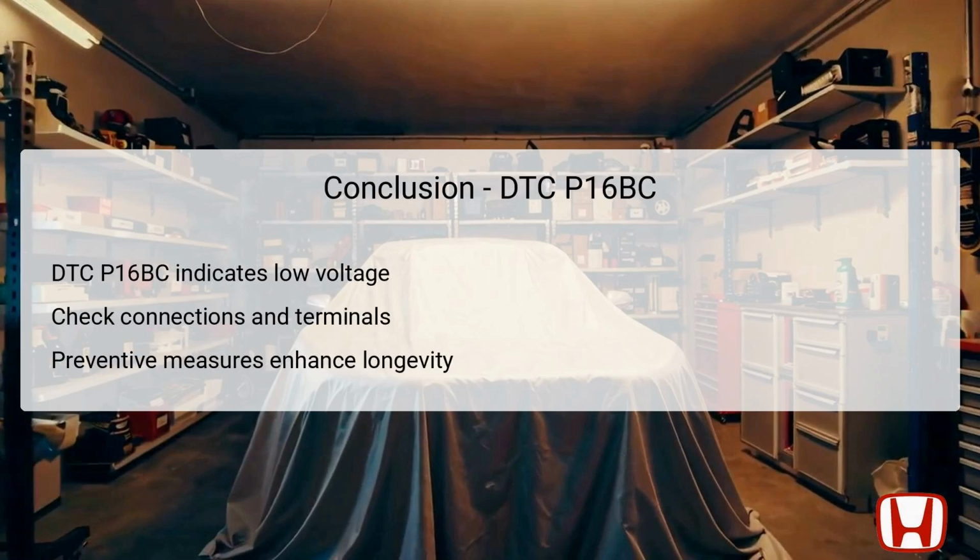In summary, the DTC P16BC signifies a low voltage issue within the alternator FR terminal circuit or the IGP circuit, requiring thorough troubleshooting. We have discussed multiple steps, from checking connections to measuring voltage levels and performing necessary repairs. Each step is critical to ensure the alternator functions properly, which is vital for the longevity and reliability of your electrical system.